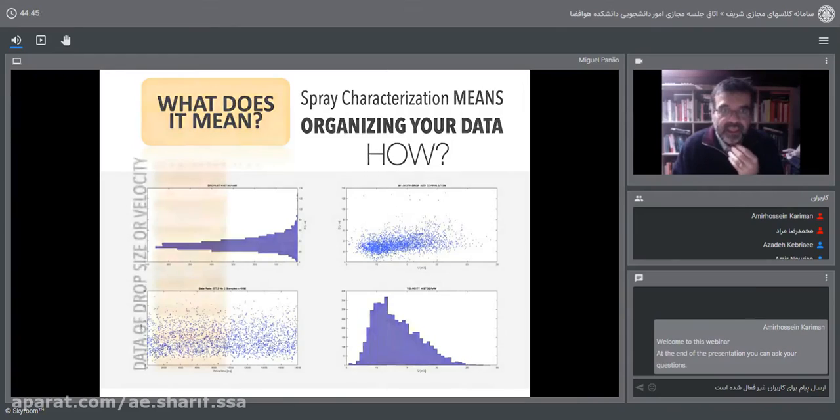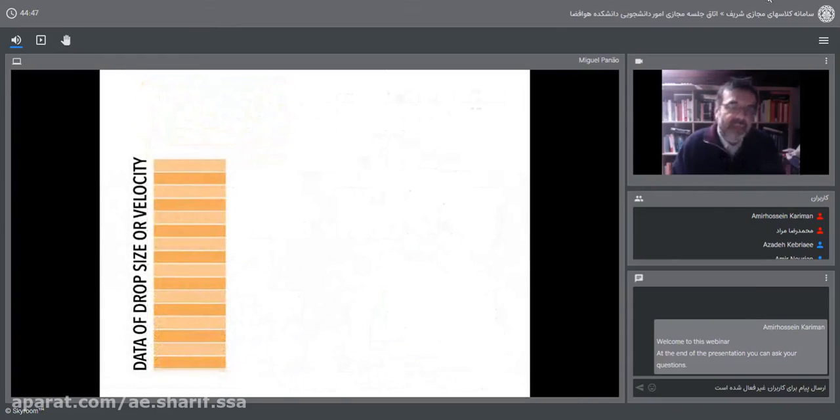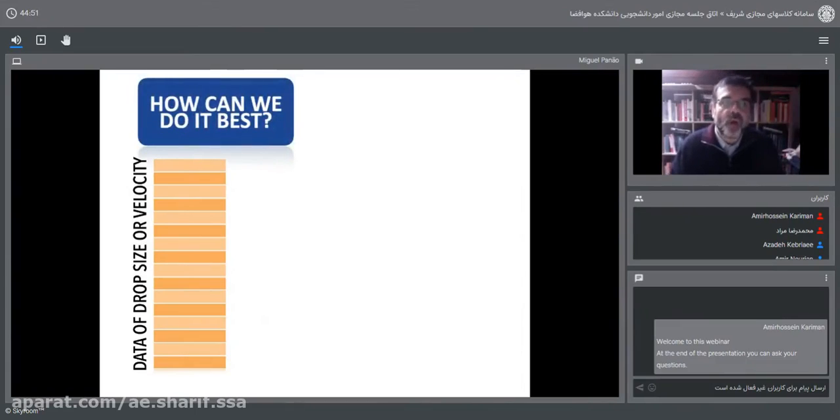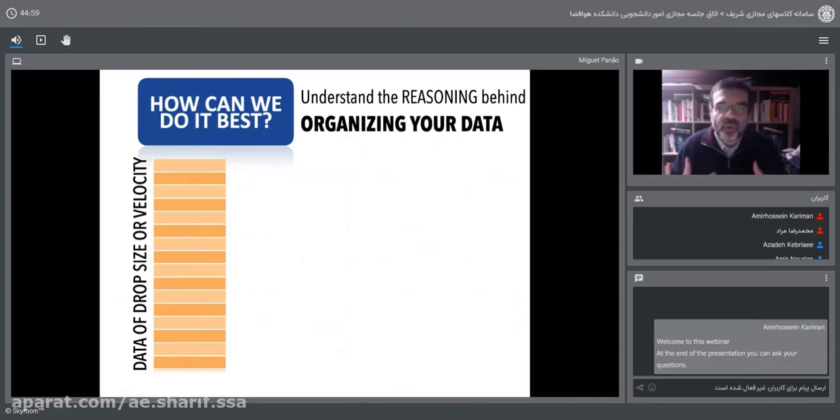But then comes the second question, right? So we have all this data. How can we do it best? Well, the answer from my point of view is that we do it best because we want to understand the reasoning behind organizing our data. So we are not organizing our data in histograms just to present data, right?